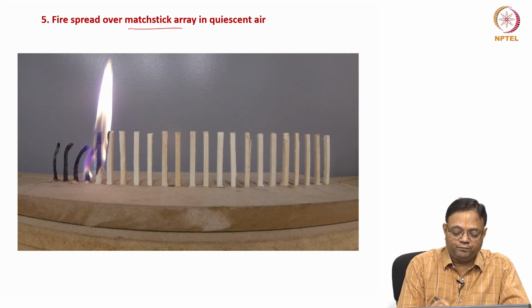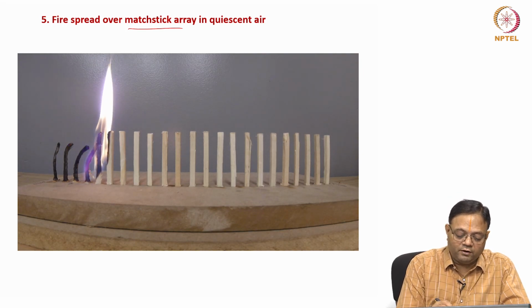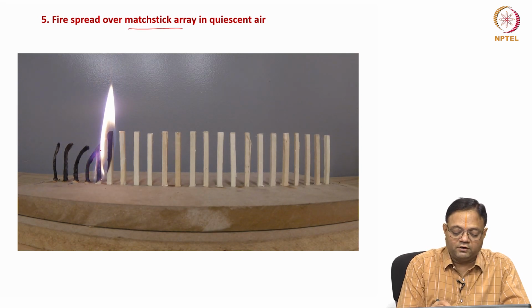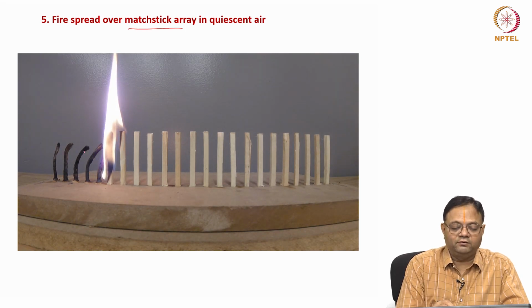Now, you can see that once this is burnt, you can see the red hot zones where the char itself is now burning, and due to the burning, the structure slightly bends.